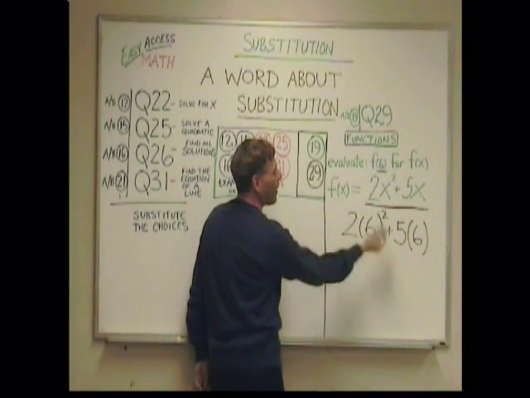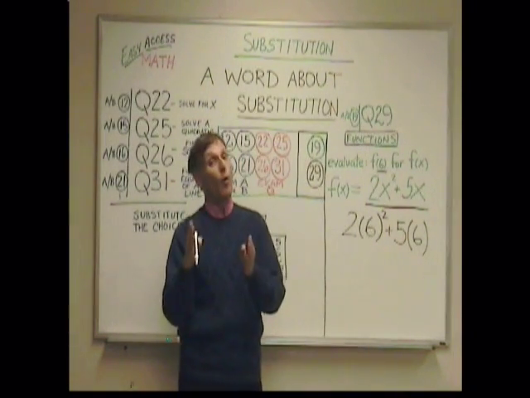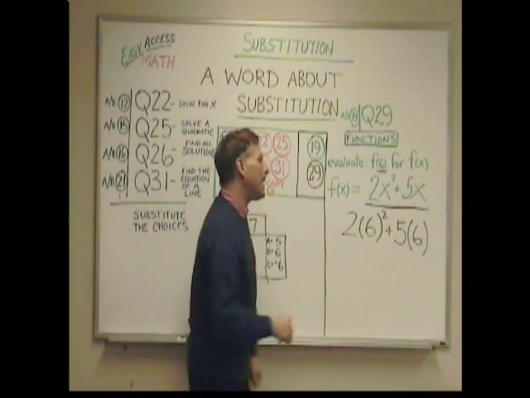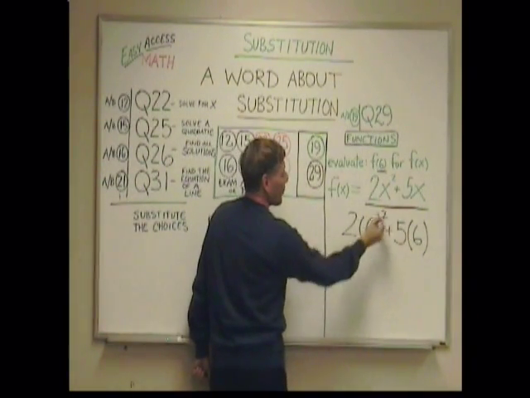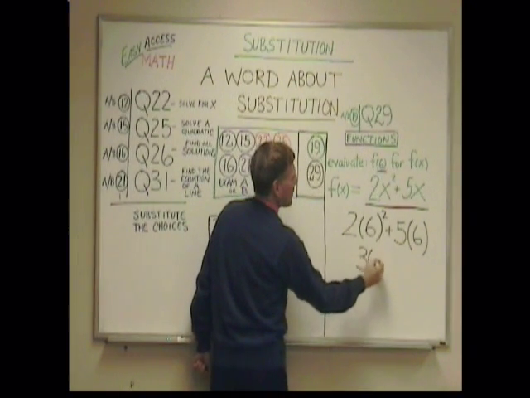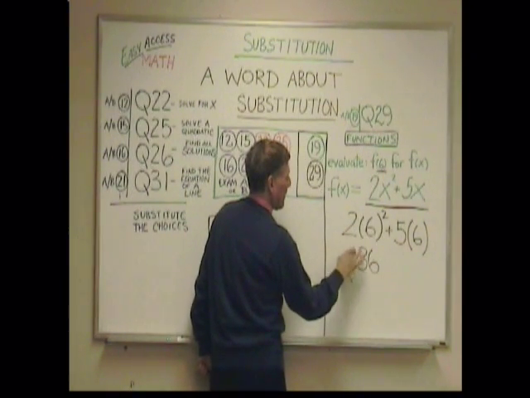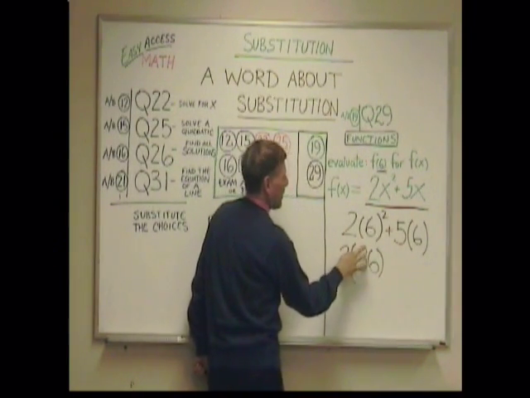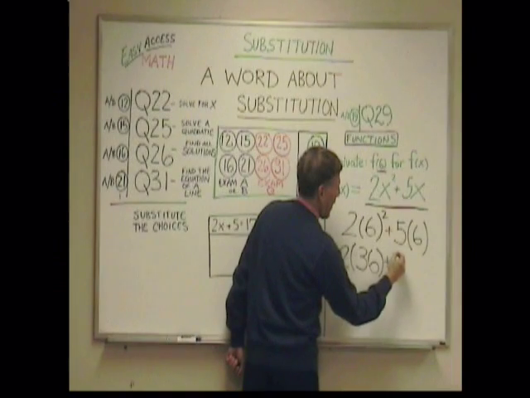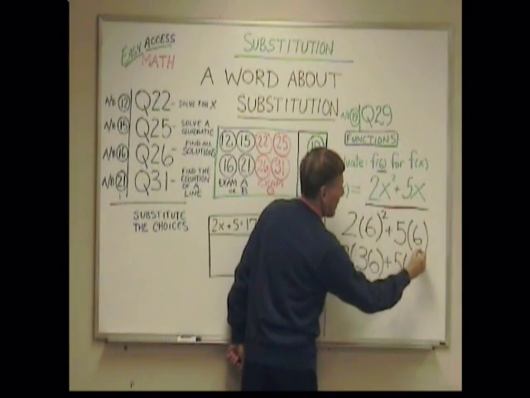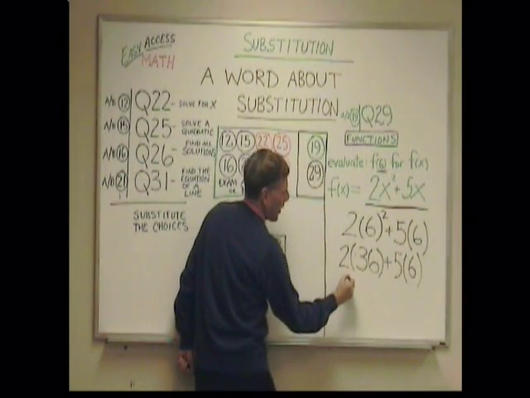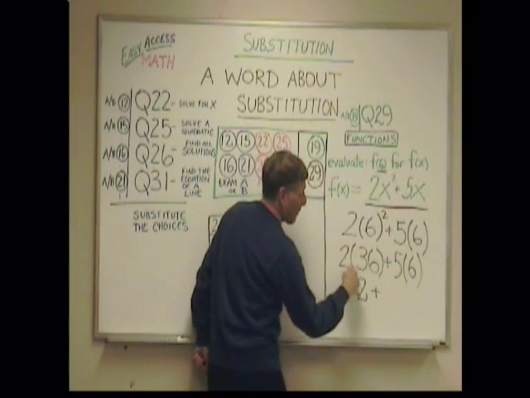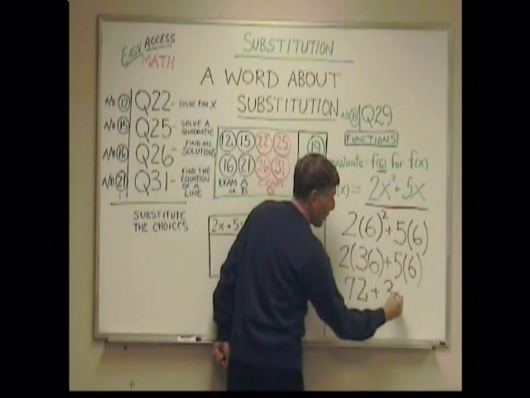And when I work it out, using my order of operations and rules of signed numbers, I'll do the exponent first, so 6 squared is 36. And that's in the parenthesis now. And plus 5 times 6. Now I'll do my multiplication. 2 times 36 is 72. Plus 5 times 6 is 30.